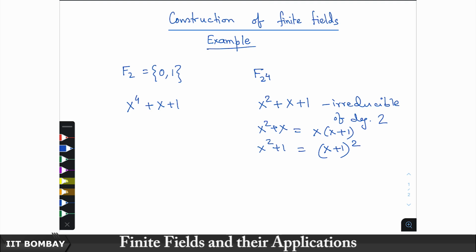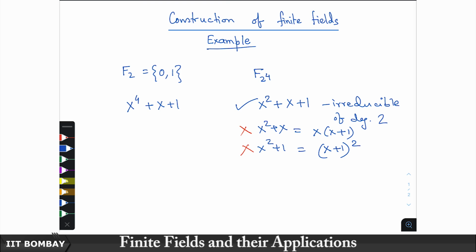If you take the power 2 or power 4 or power 8, so powers of 2, then that power distributes over each term, because the characteristic of the field is 2. So, this is not an irreducible polynomial, this is not an irreducible polynomial, this one is an irreducible polynomial.